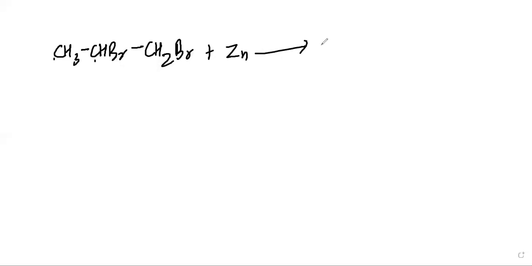Suppose we have a compound which is known as CH3CHBrCH2Br, and then, my dear students, we have Zn, zinc. That simply leads us to form CH3CH=CH2, and we get ZnBr2.